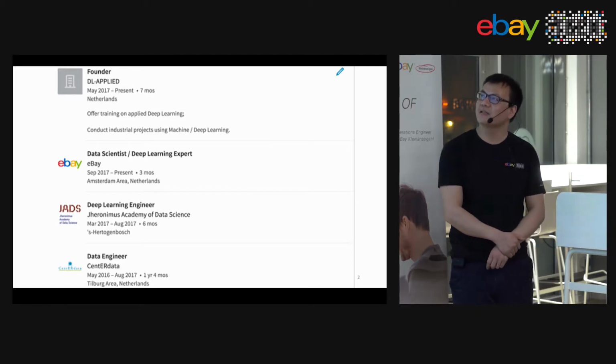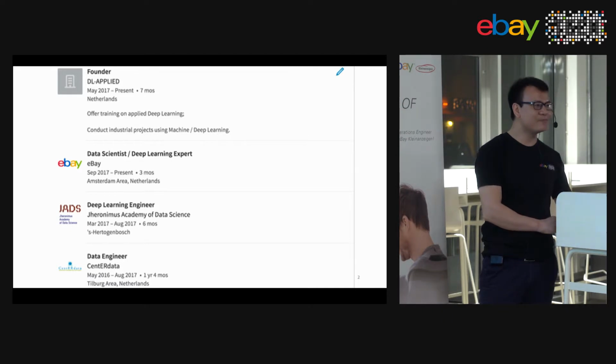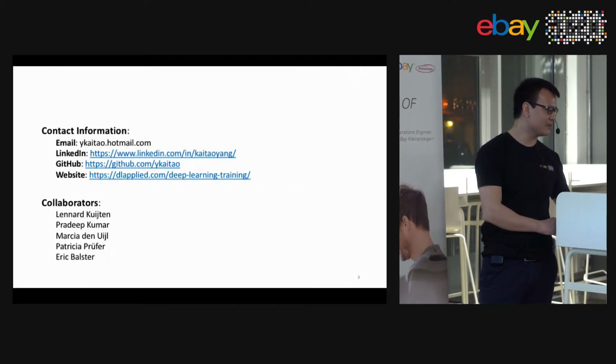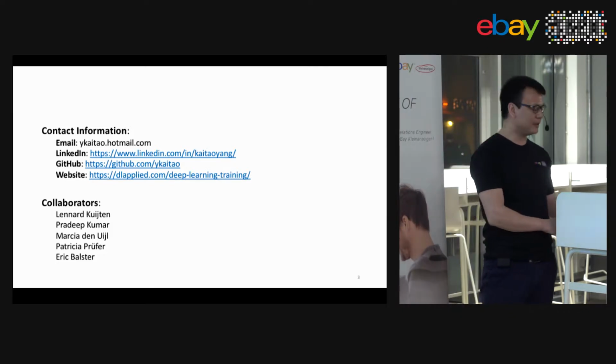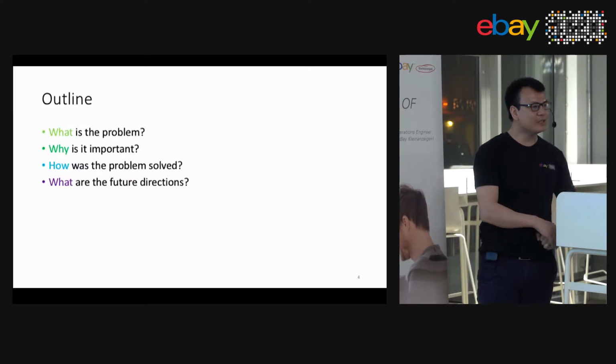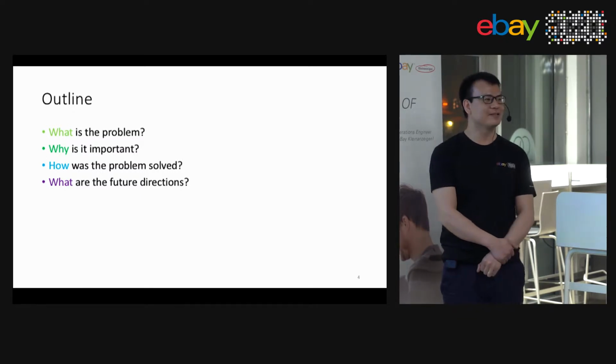So DL means deep learning, and applied is applied deep learning, for mainly two services. One is offering training. Second is conducting projects. But we can skip this part. And this is the contact information and my collaborators.